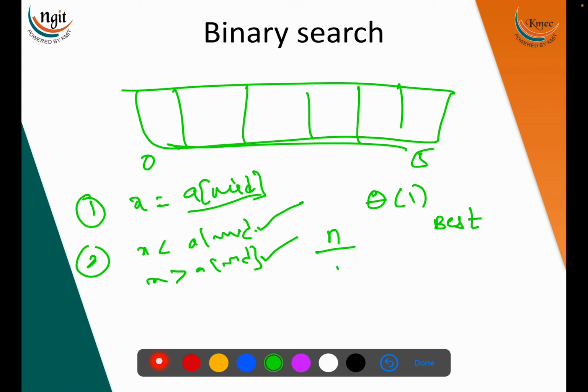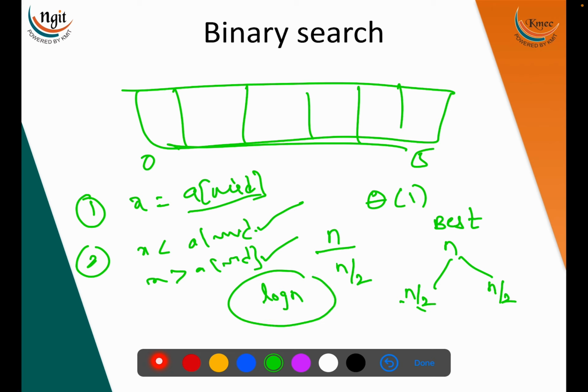Instead of n elements, we will be dividing into n by 2 lists. That means n gets divided into 2 halves, n by 2 and n by 2. If you apply logarithm, you get log n. Log n is the average time complexity. Even for the worst case, it is log n.